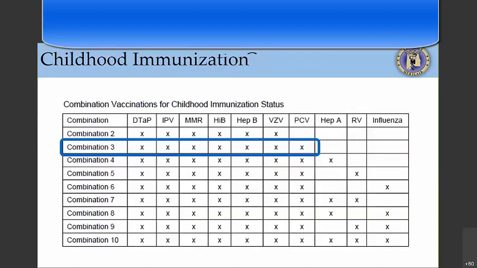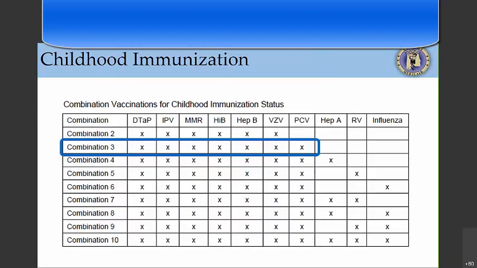Below is the table. This slide shows the table that lists the vaccines and the combinations of the childhood vaccines. Combination 3 is the rate of children who had these vaccines by their 2nd birthday. We do take into consideration guidelines about the administering schedule of doses. There are 7 vaccines that make up combination 3.